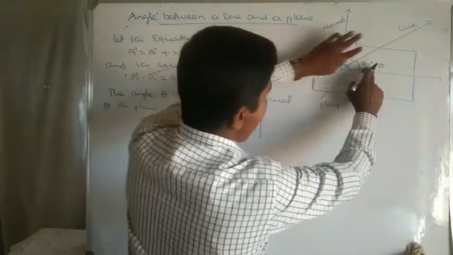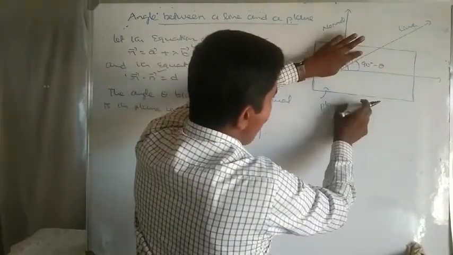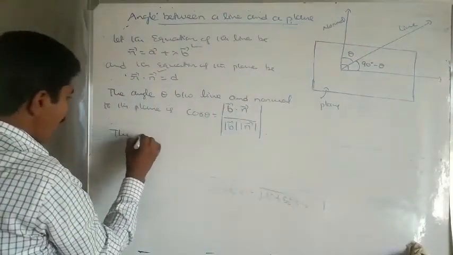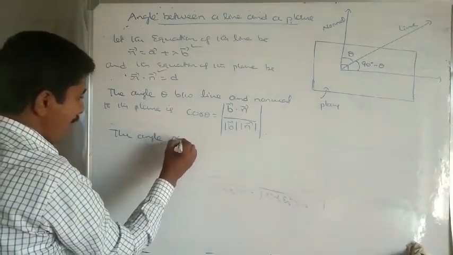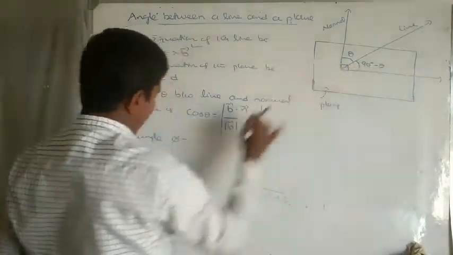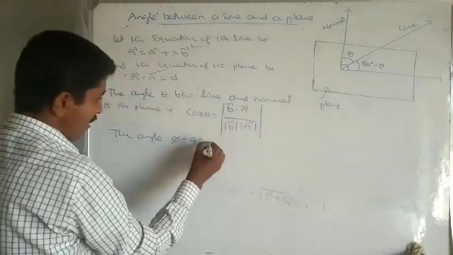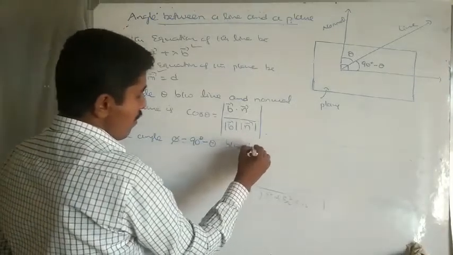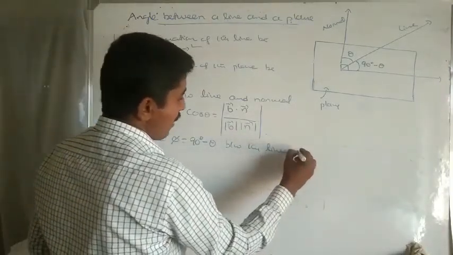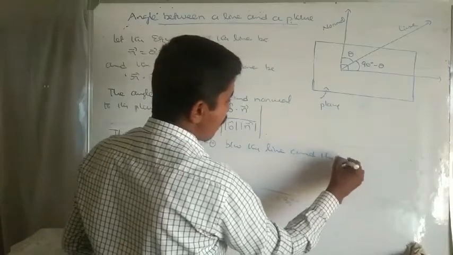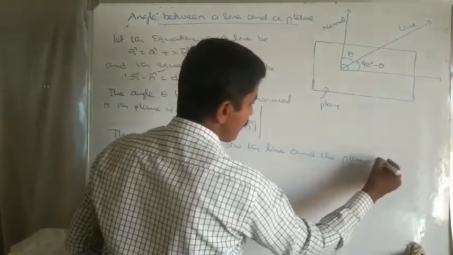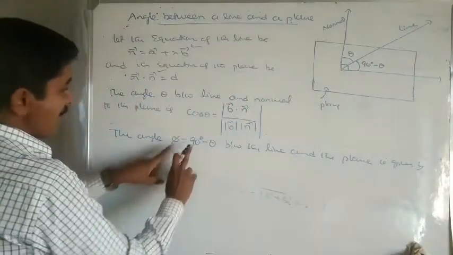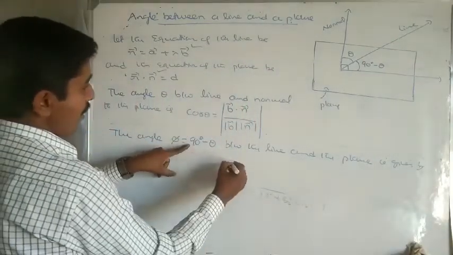Here 90 minus theta is the angle between a line and a plane. I am denoting 90 minus theta by phi. The angle between the line and the plane is given by the sine formula.